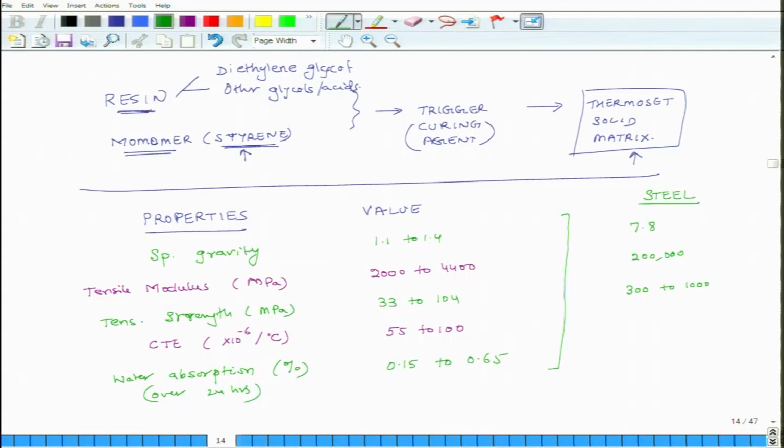Coefficient of thermal expansion is about 12, depending on the steel. And of course, water absorption is 0. So, this gives you an overview of the thermoset resin known as polyester.